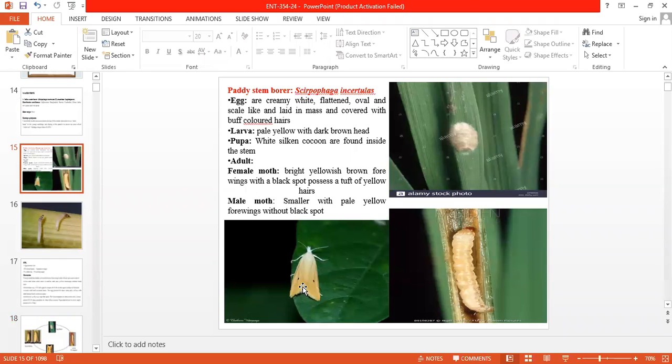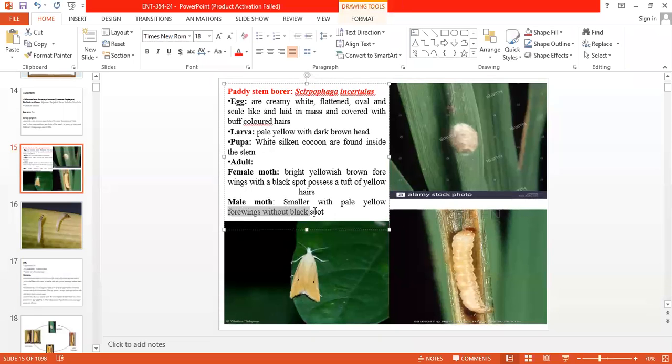The male is comparatively smaller in size than the female, and the male's forewings are without black spots. So we can easily distinguish male and female adults of yellow stem borer by the presence of black spots on the forewings. In the female there are two black spots on the forewings, and in the male the forewings are without a black spot.